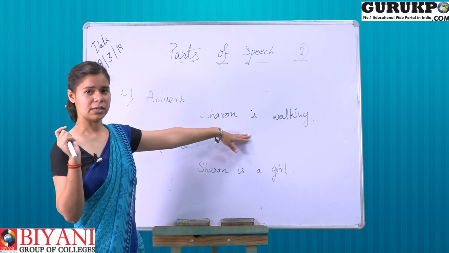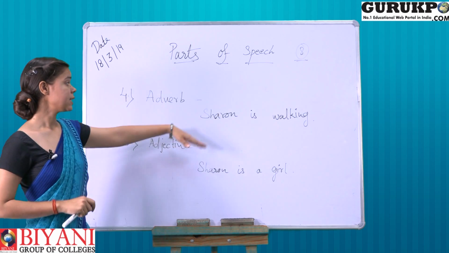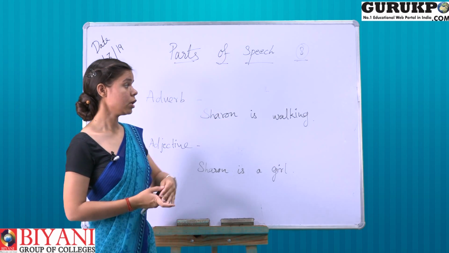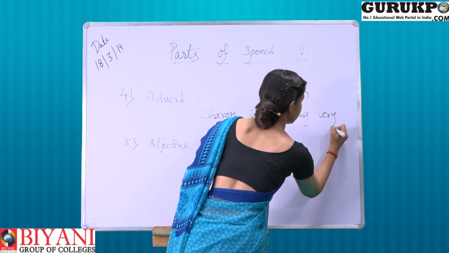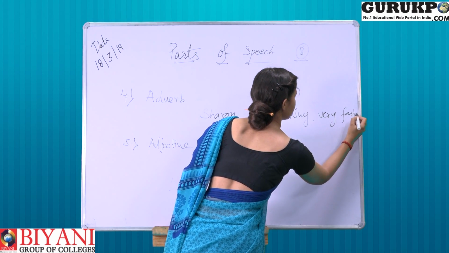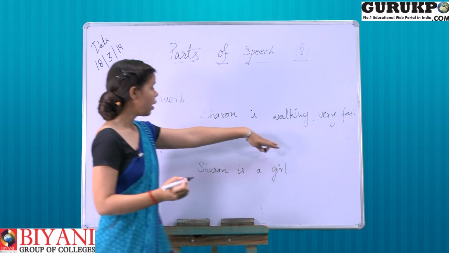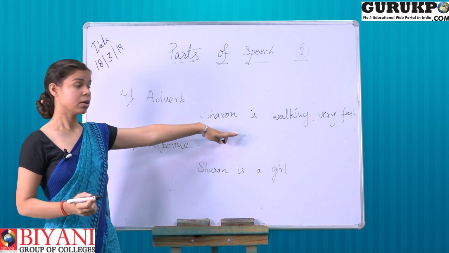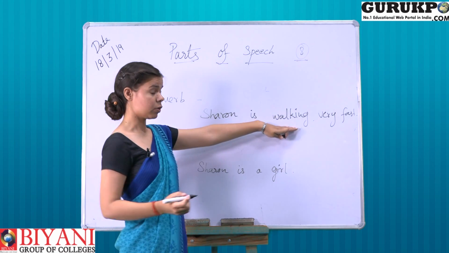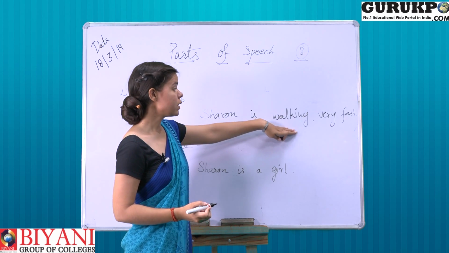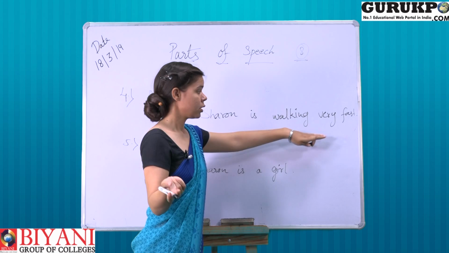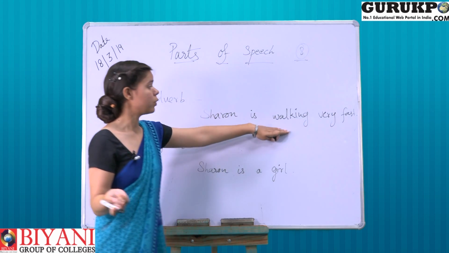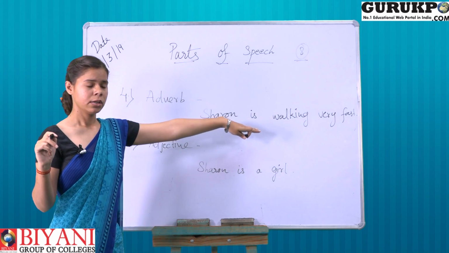This is a simple sentence, but when we add very fast, Sharon is walking very fast, this tells how the verb walking is being done. So this is modifying the verb walking, right?